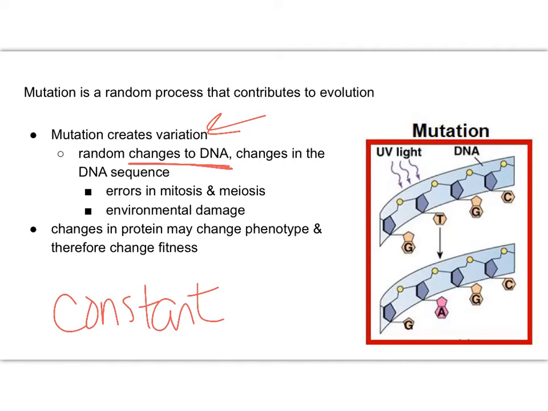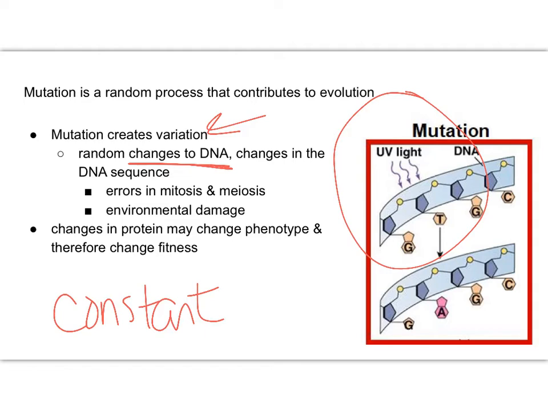Meiosis is the formation of our gametes, where we can get non-disjunction mutations, a trisomy situation or a monosomy situation. Environmental damage can cause mutations. You can see in the picture here the UV light causing the mutation in the DNA that could eventually change the phenotype of the organism.